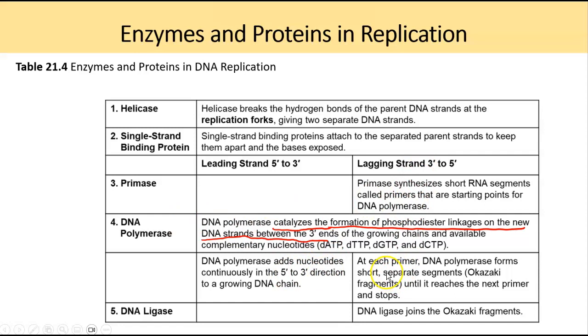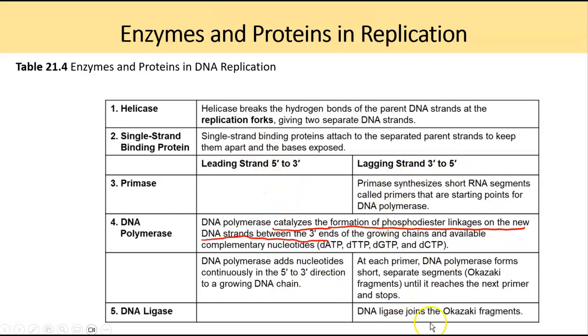In the lagging strand, at each primer, DNA polymerase forms those Okazaki fragments until it reaches the next primer and stops. The last enzyme was DNA ligase, and this only works for the lagging strand. It isn't involved in the leading strand because there are no Okazaki fragments in the leading strand.